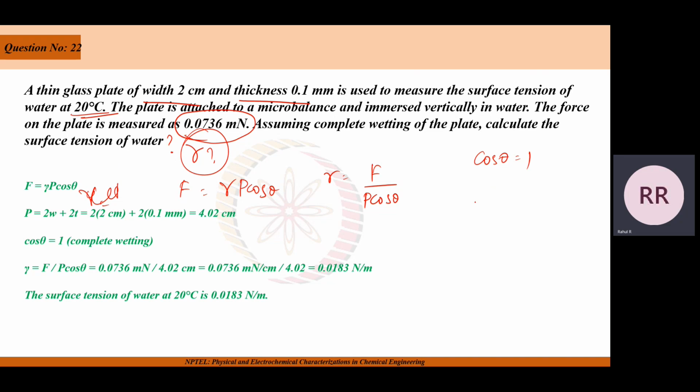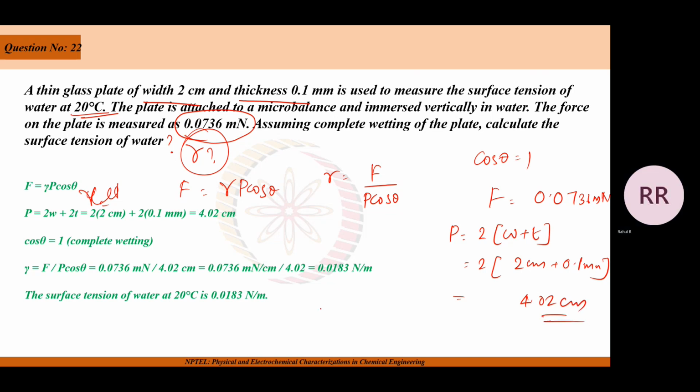And we know F is given as 0.0736 millinewton, and we can calculate P, which is nothing but, since we have two sides, 2 times (width plus thickness). So that is 2 times (2 centimeter plus 0.1 millimeter), which together gives 4.02 centimeter.